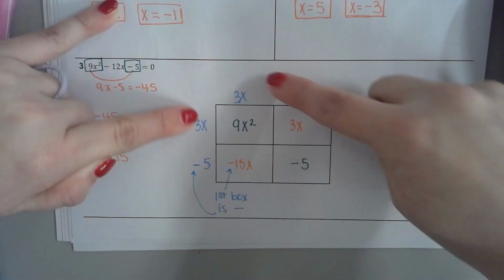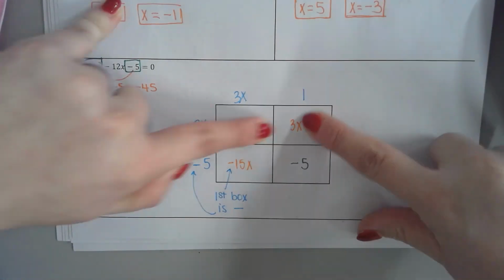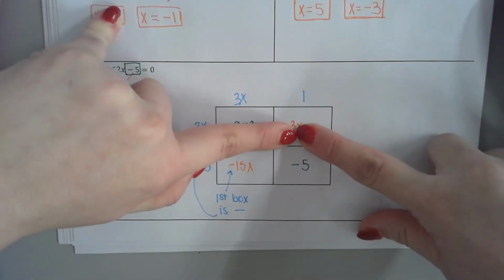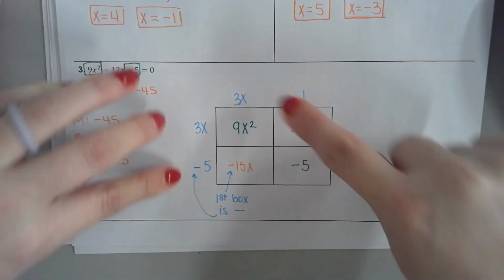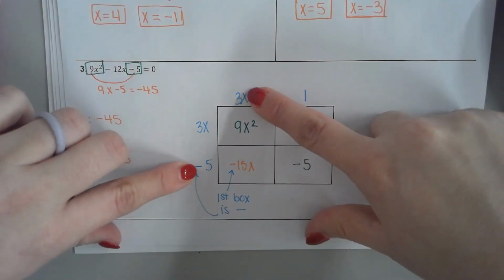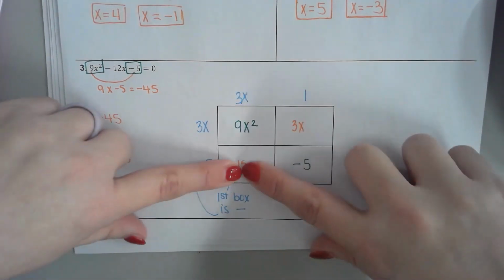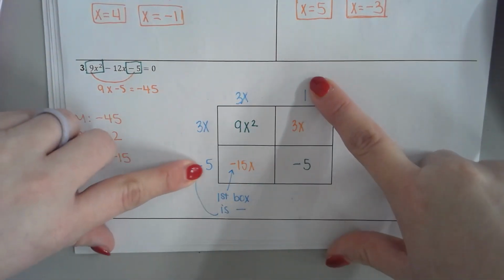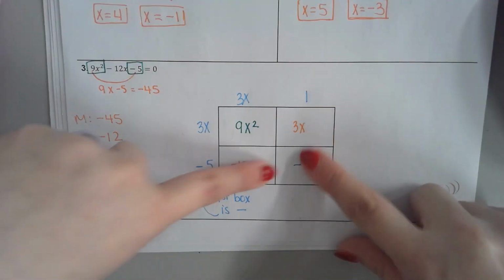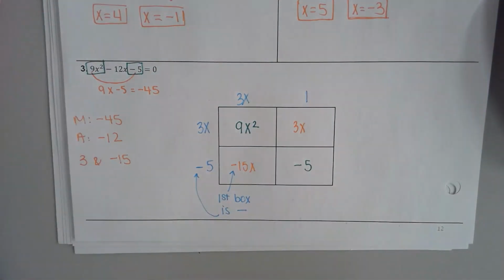Yes, it is. Is 3x times 1 3x? Yes, it is. Is 3x times negative 5 negative 15x? Sure is. Is negative 5 times 1 negative 5? Yes, it is. So that's telling you you probably did this right.